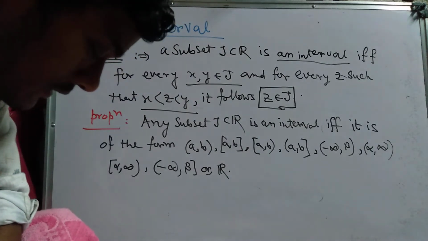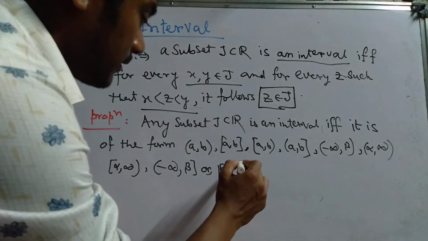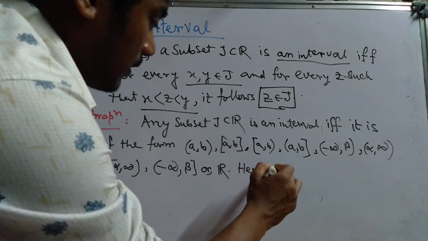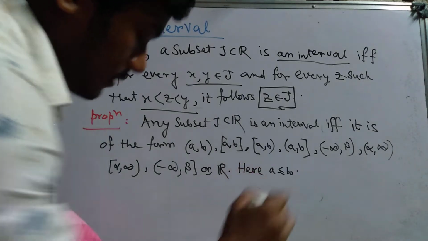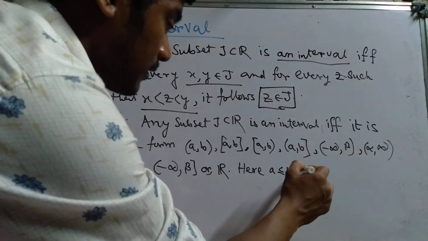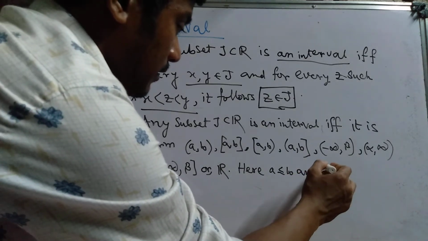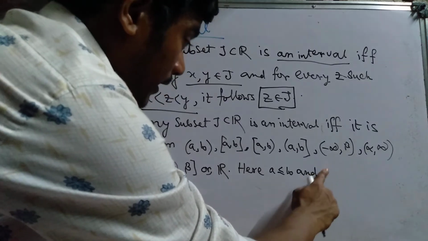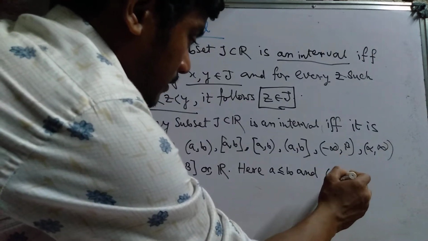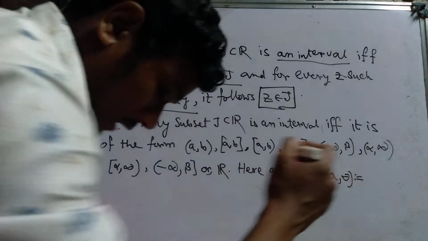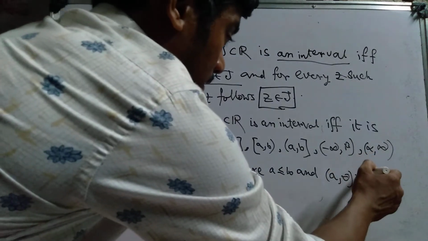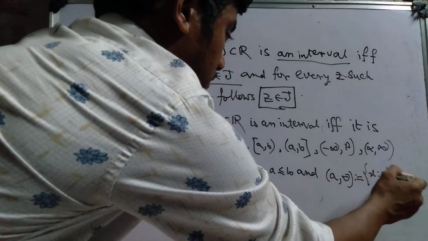Note that the empty set is an interval. Here a is less than or equal to b, and open (a, infinity) means those x such that x is greater than a.